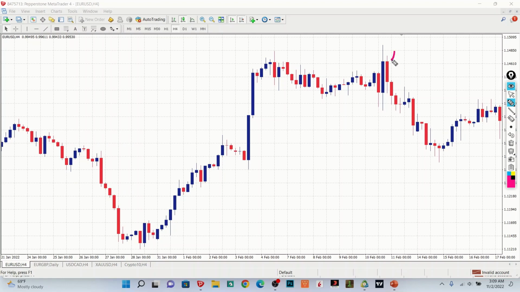We are supposed to connect this as point A to this swing low as point B, then see if point C is a Fibonacci retracement level.